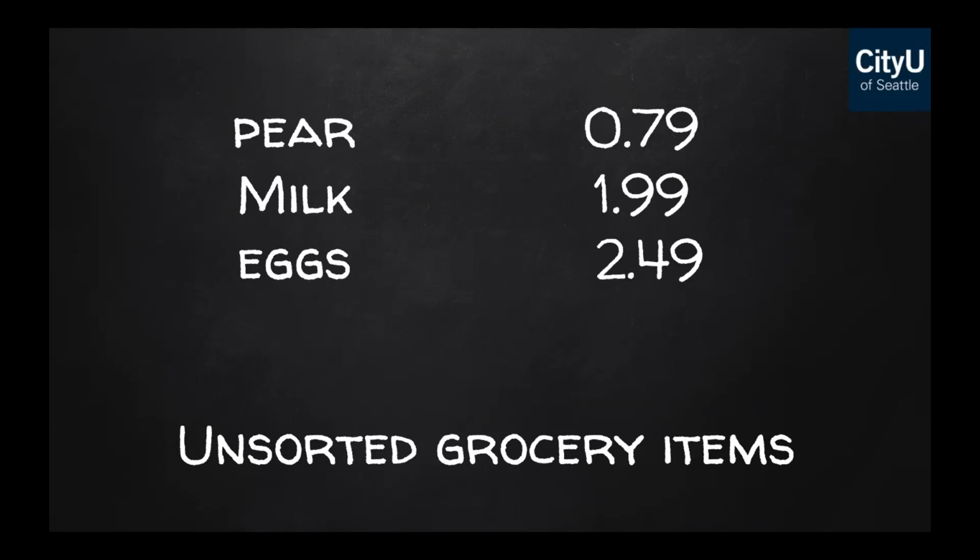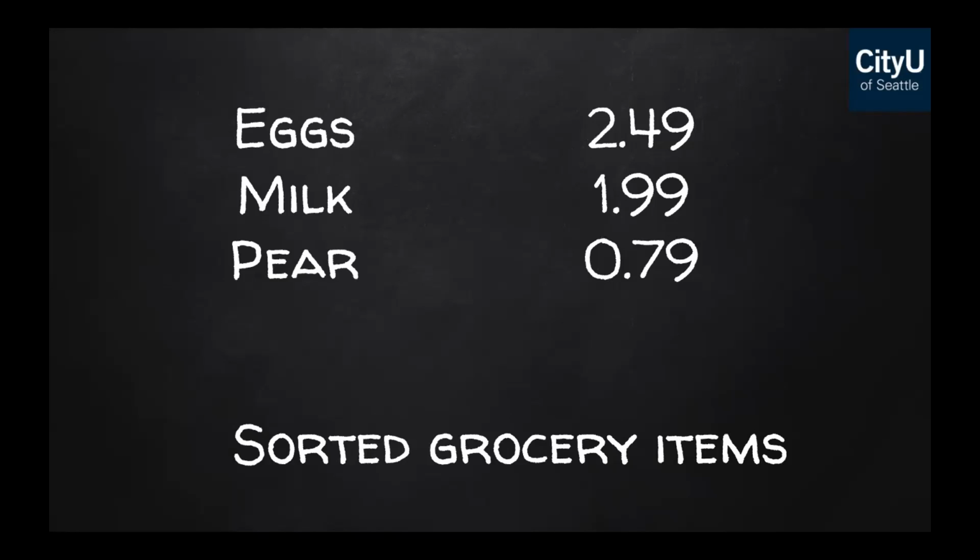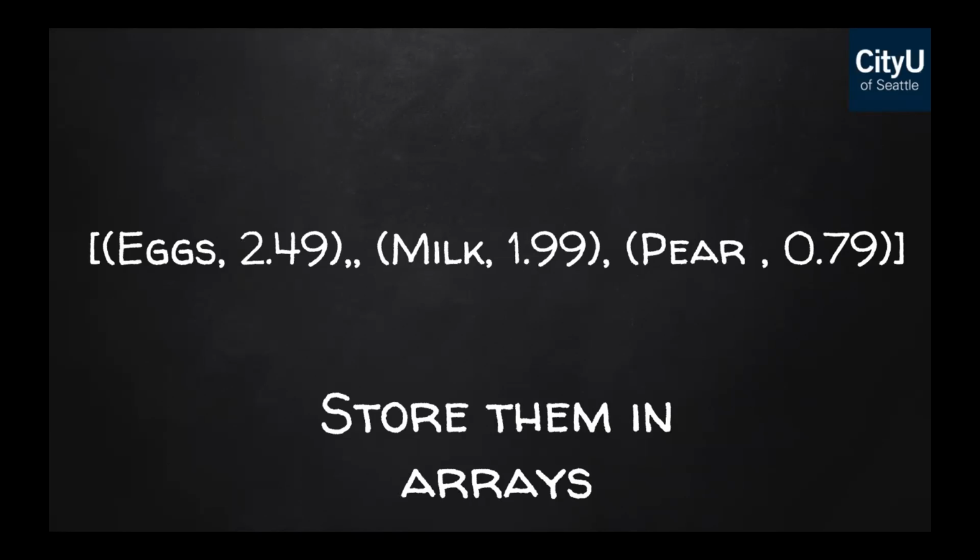So the first thing we do is try to sort them alphabetically, right? So now you have egg, milk, and pear, and the prices are still associated with a certain string or key. And the next thing we can do is store them in an array.